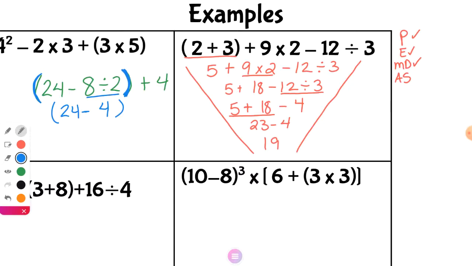Why am I still keeping that in parentheses, Arabella? Yeah, I don't have it down to a single number. So then I would have 24 minus 4. Oops, I forgot to copy that down. That would be 20 and then plus 4. So now I would get rid of them because I got those parentheses down to a single number. And then I just add that 4 back on.